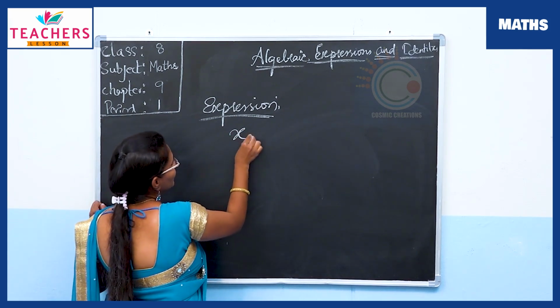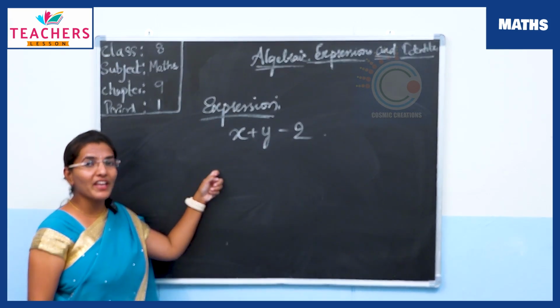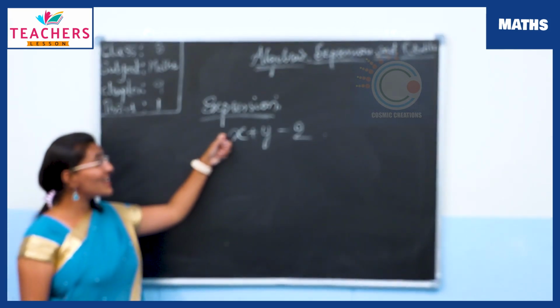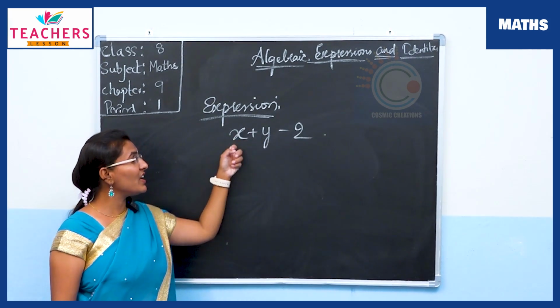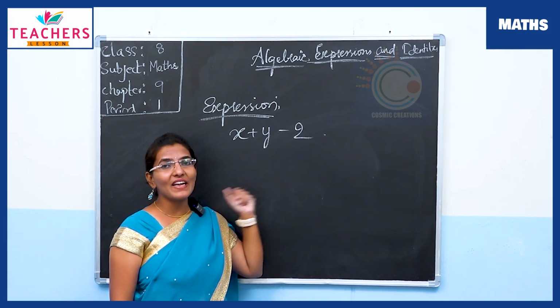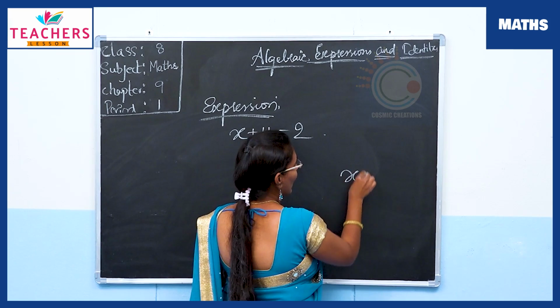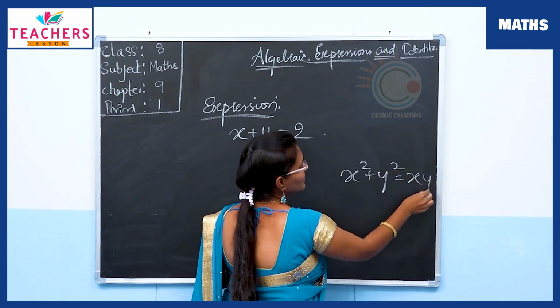So I can write here x plus y minus 2. Can I say this is an expression? Yes, it is expressing some addition and subtraction between the variables and also the constant. So this is a complete expression. Can I say x square plus y square equals xy something?